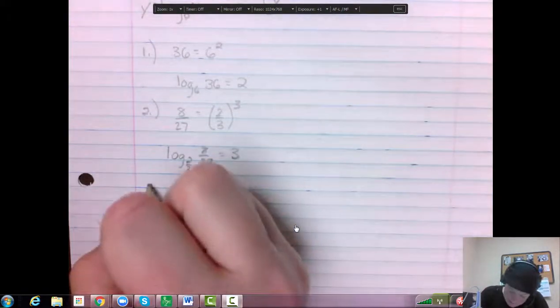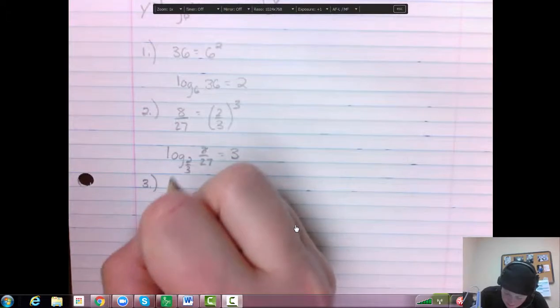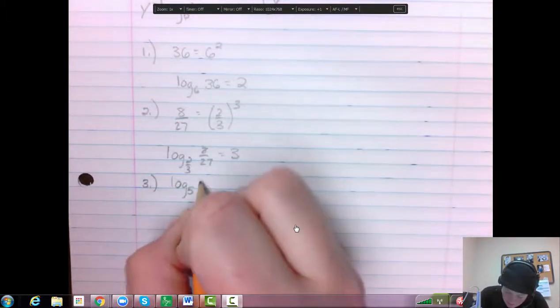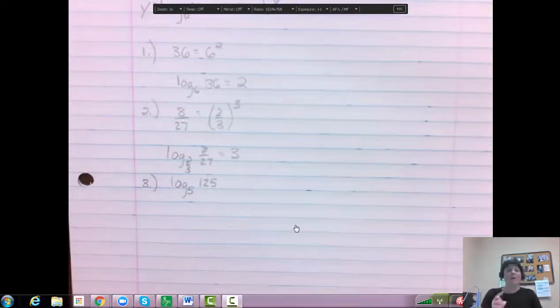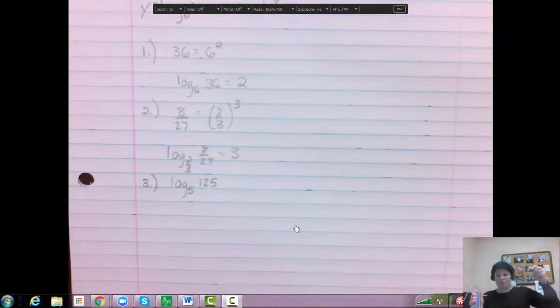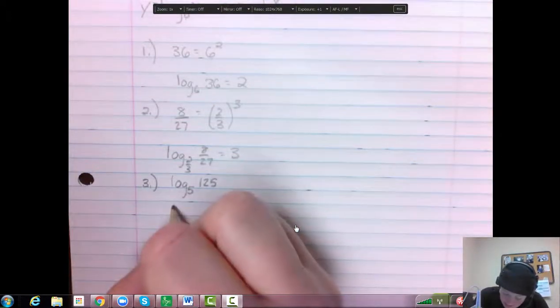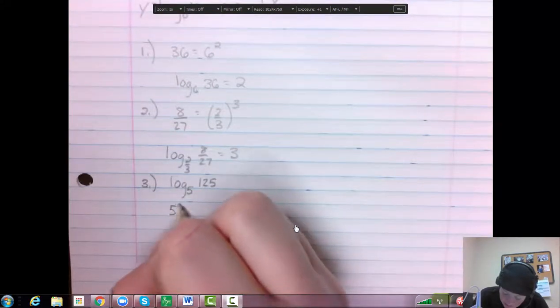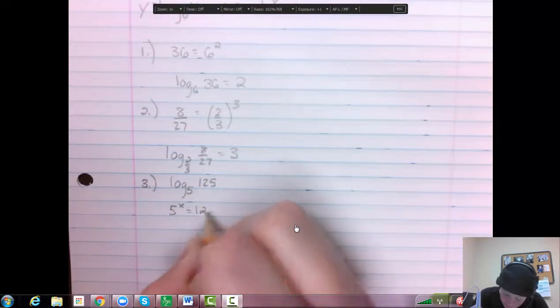Now let's go the other way. What if I have log base 5 of 125? How can I write that in exponent form? A lot of times when I write something in exponent form, I can actually solve it, and it's a better way to go. So if we look at this, we can say, okay, 5 to what power equals 125?